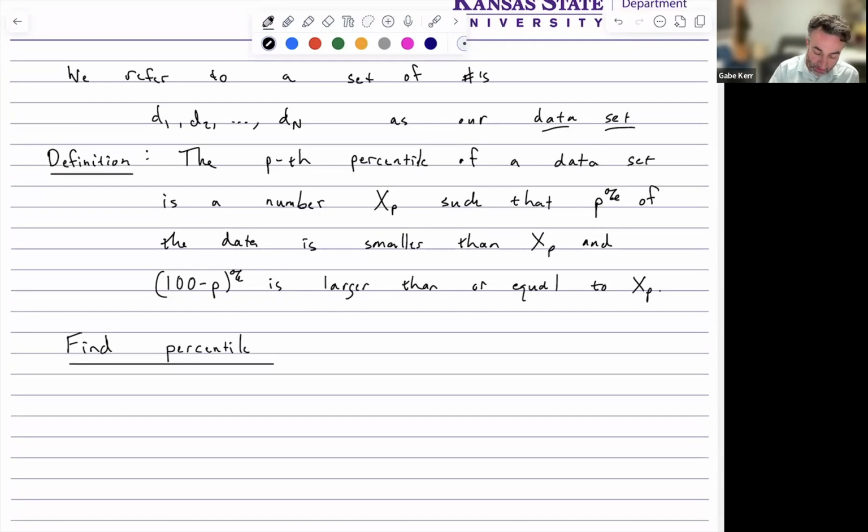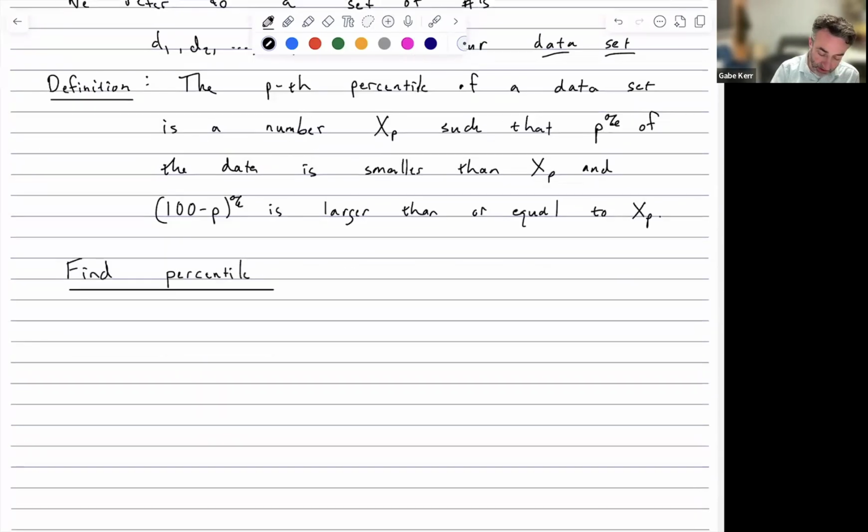The way you do this is a step-by-step process. The first step, or maybe the book calls it the 0th step, is to organize your data so that it's increasing.